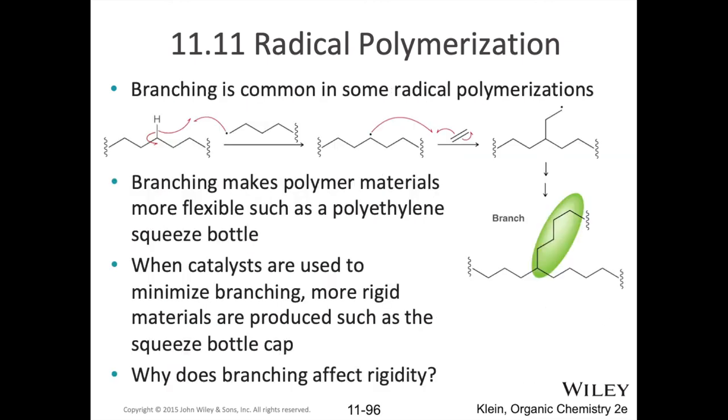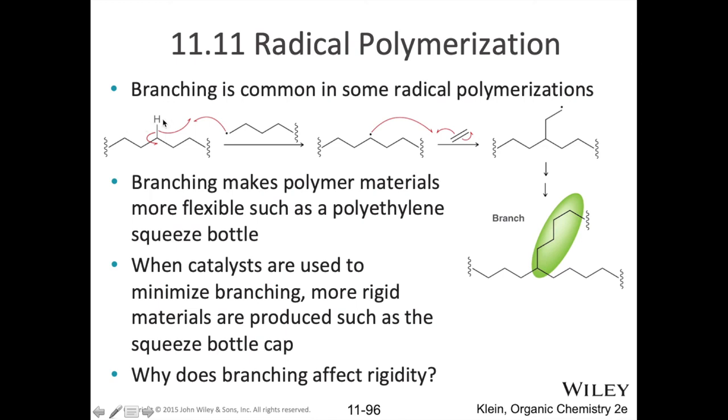Other things to watch out for in radical polymerization. It is possible to abstract a hydrogen from somewhere in your carbon chain, not necessarily just grow from the radical at the end. So here we have a completed polymer chain, but remember, you still have radicals floating around everywhere.